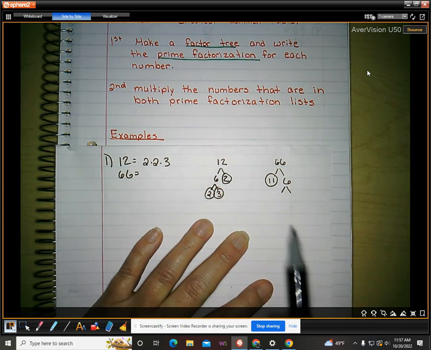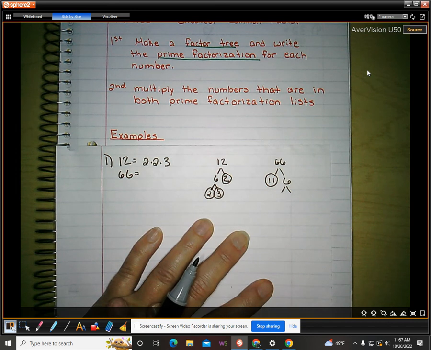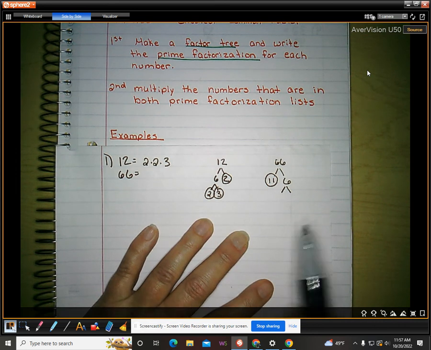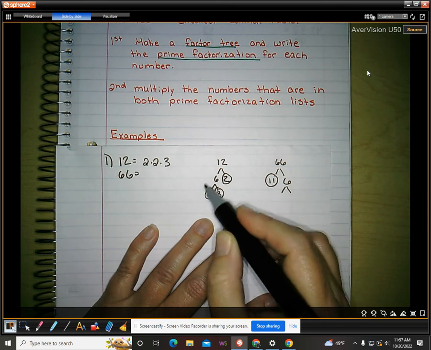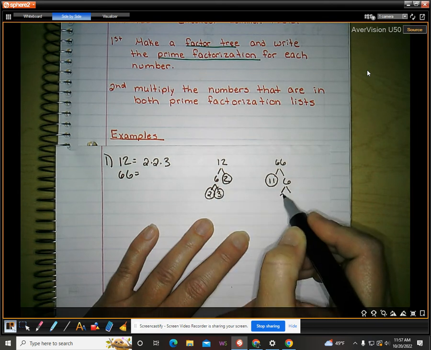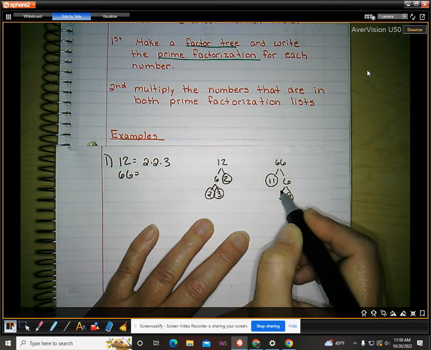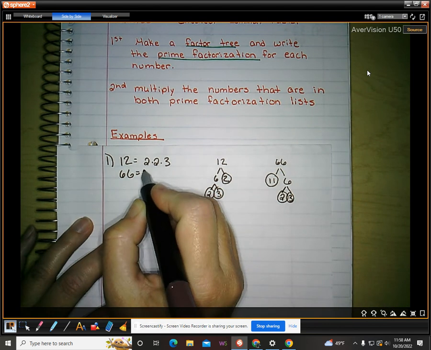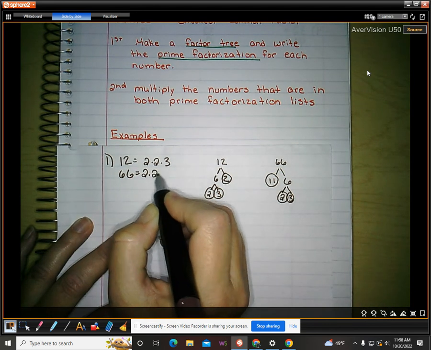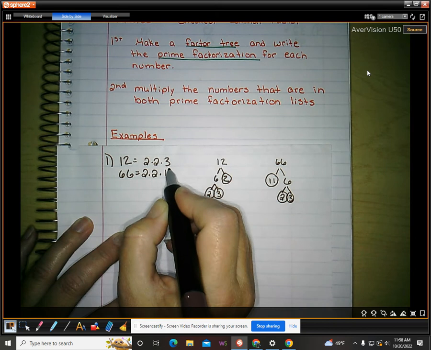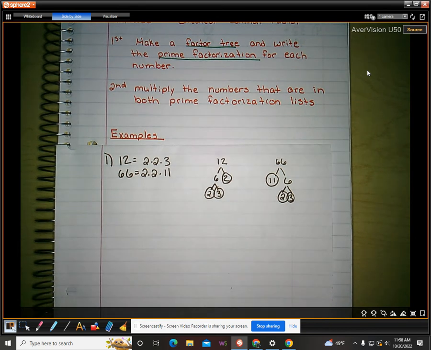If you're not sure what it was, you can look at your other factor tree. A lot of this stuff will keep coming up. So if we look over at our 12, we know that 6 was 2 and 3, and those were both prime. So your prime factorization for 66 would be 2 times 3 times 11. That is what we did on Tuesday.